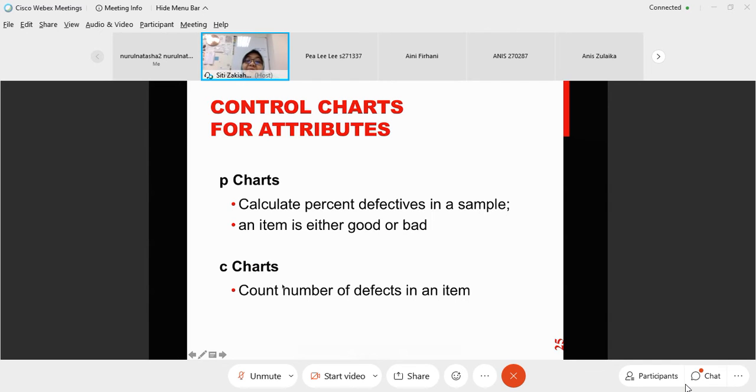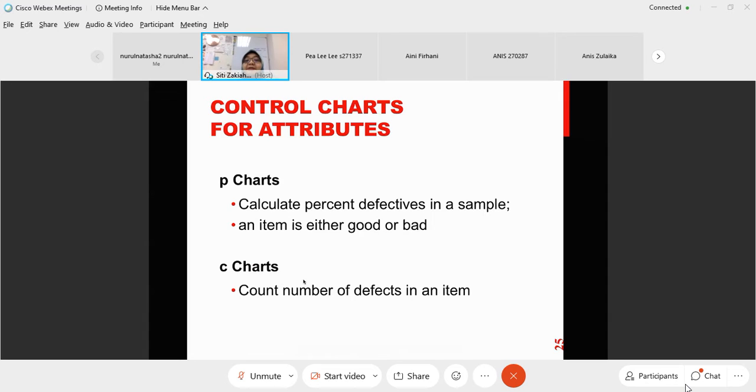C charts ni, C, the word C, that means you count. Let's say kalau macam you tengok kereta, okay, kereta kat pintu kereta tu, you nak check berapa banyak kemik ke, berapa banyak cala ke pada kereta, pada the car. You can count. That means boleh kira.